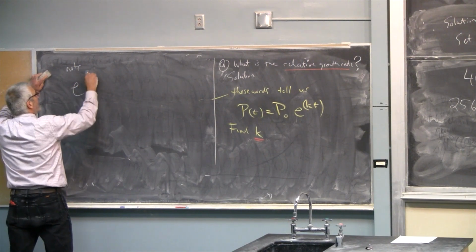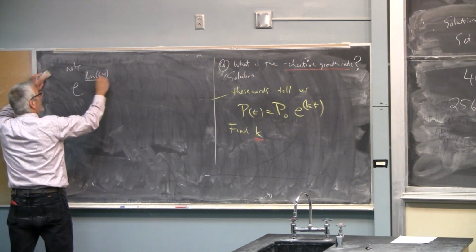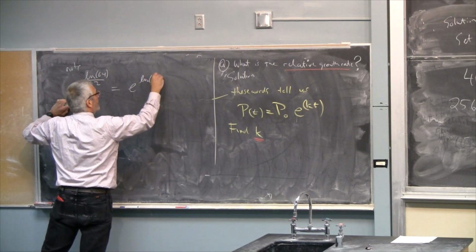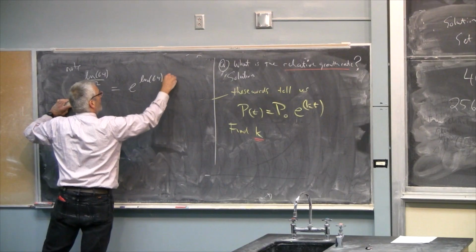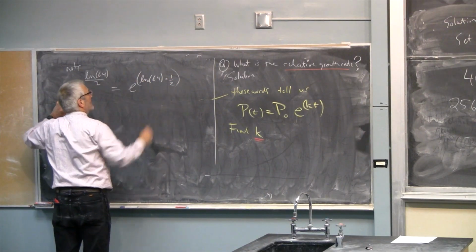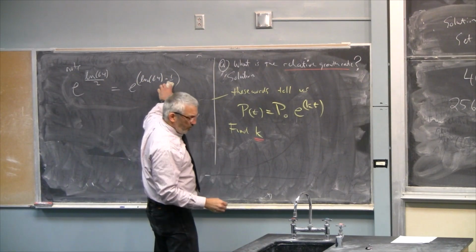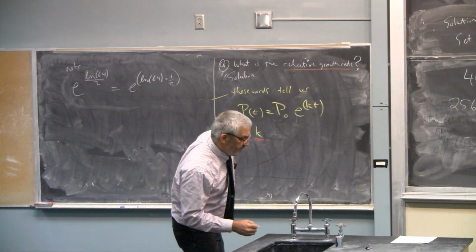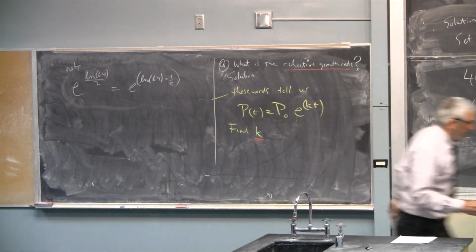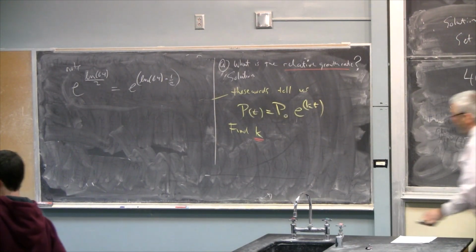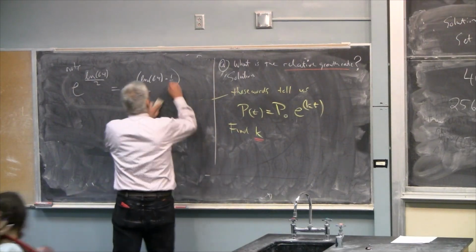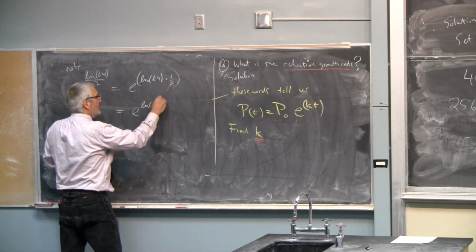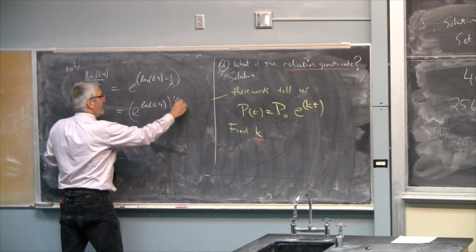e to the ln of 64 over 2, that's e to the ln of 64 times 1/2. Is that a 2 or a 4 down there? I think that's a 2. Okay. And so that's e to the ln of 64 raised to the 1/2 power.